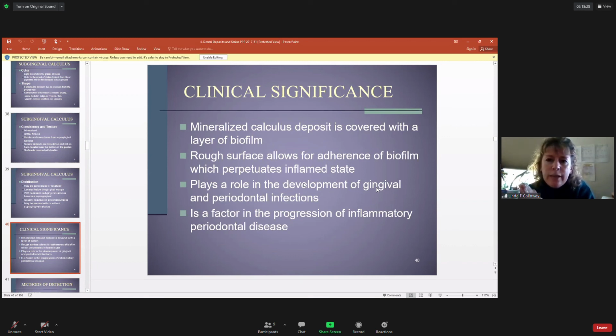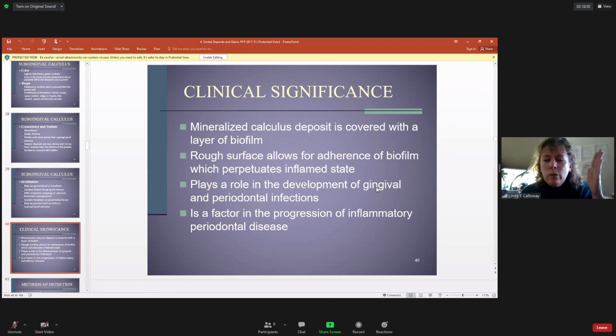Calculus is dead biofilm that's hardened and mineralized. It's dead. It's not excreting anything. In its purest definition, the calculus is not in any way causing the disease. But one can't happen without the other.